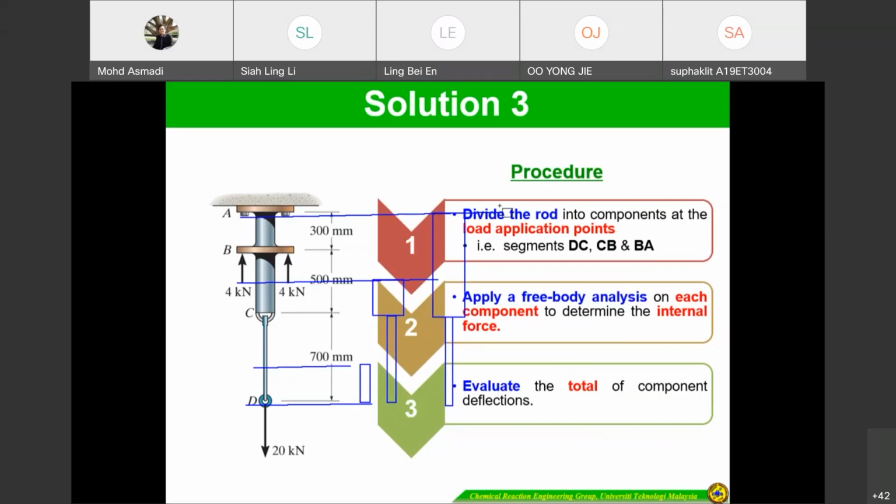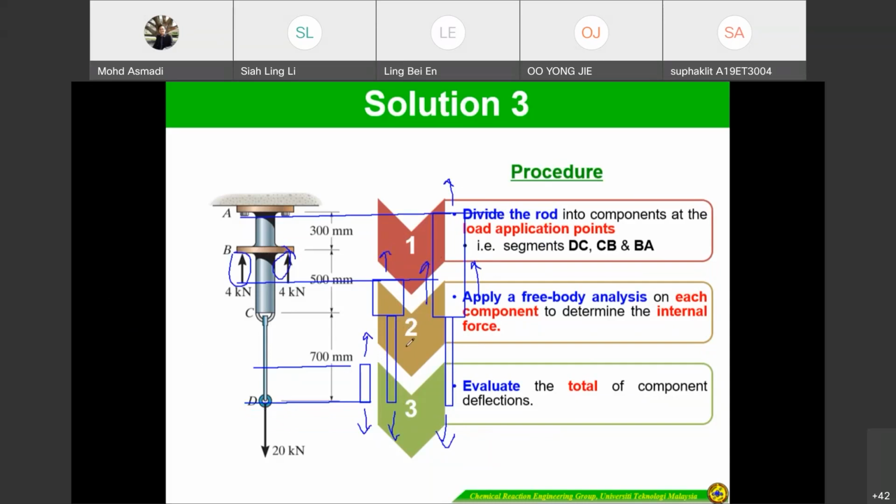You can see this one is opposite, and this one also opposite. Don't forget this. This is the free body diagram.